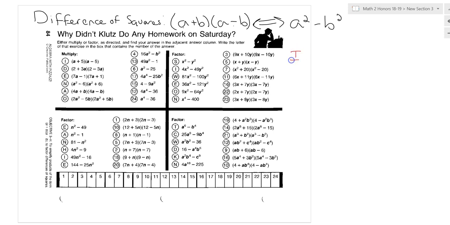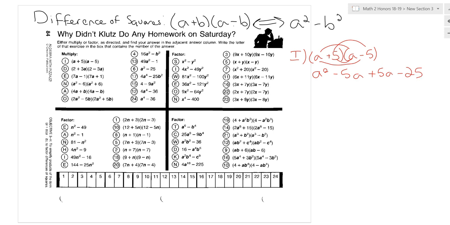Okay? Right, so this first section is multiplying, so I guess letter I is what we're doing here. So I have a plus 5 times a minus 5. And with that, I get a squared, right? Outside is minus 5a. Inside is plus 5a, and then 5 times negative 5 is minus 25.